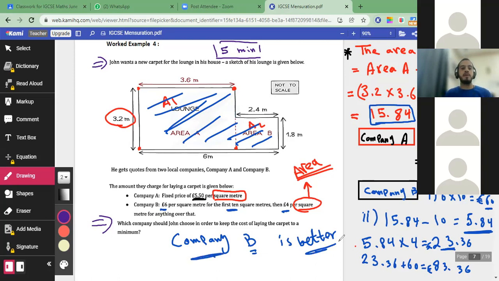Yes Jana, your question, sorry. I don't understand, from where did we get the 15.84 and the 10? From here, 15.8 is the area of the carpet, the area itself. When I did it, I got 16.02. How 16? I did 2.5 times 1.8.